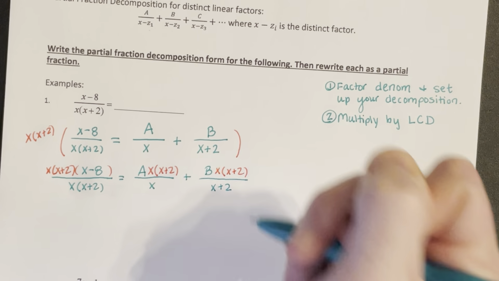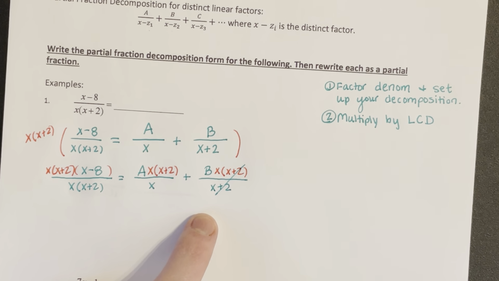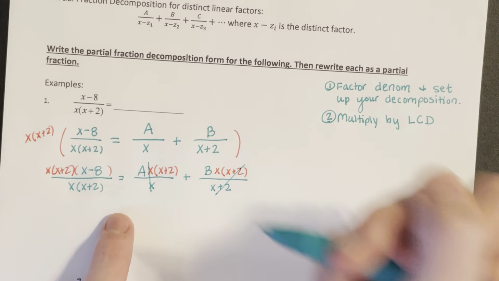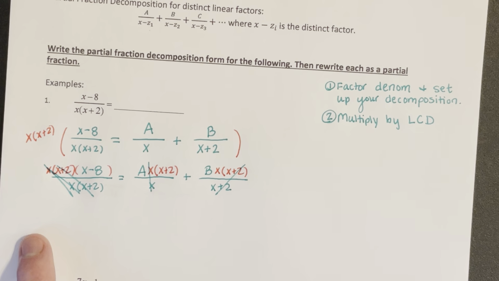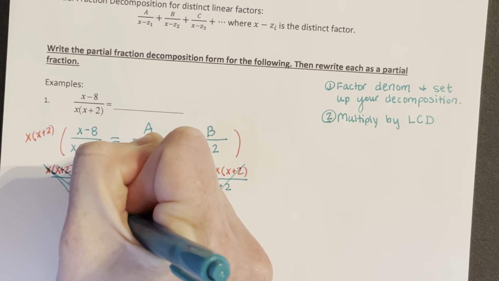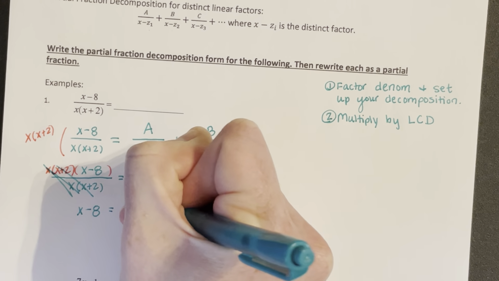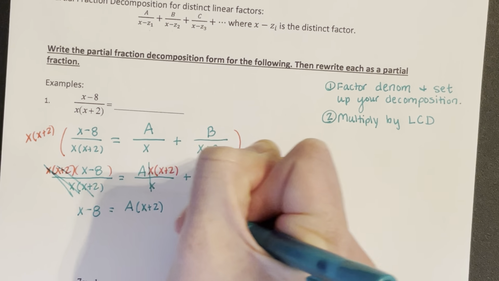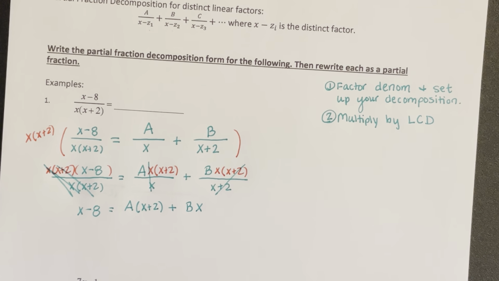So the reason we multiply by that least common denominator is because what we'll see is that the denominators disappear, they reduce out, so x and x plus 2. Now I have just an equation that's x minus 8 equals a times x plus 2 plus b times x.